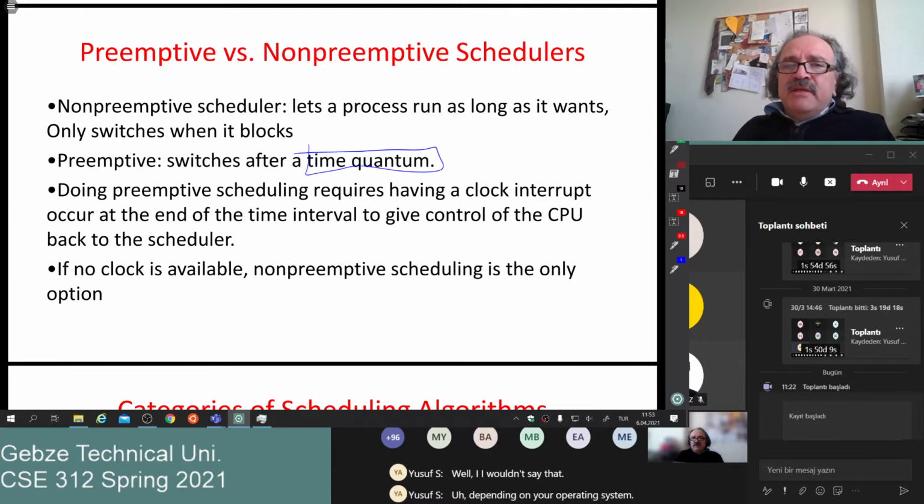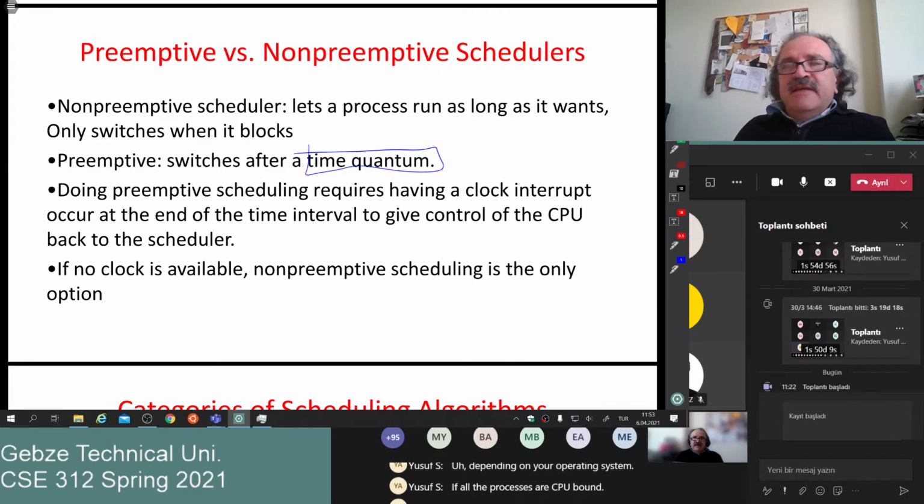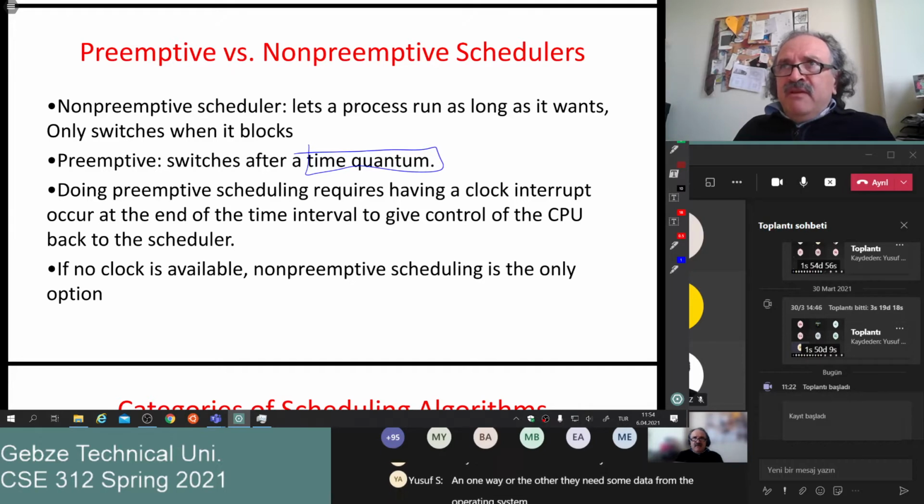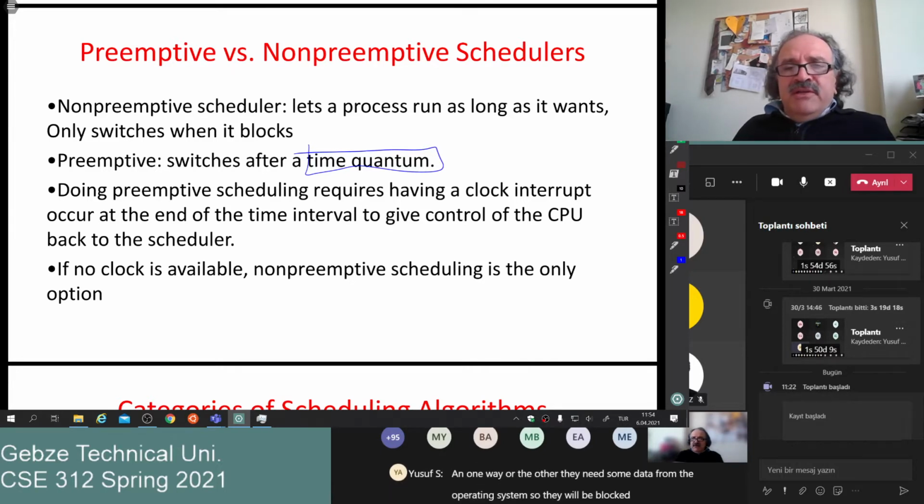If all the processes are CPU bound, when they get their CPU time, they use the CPU as much as they want, and one way or the other they need some data from the operating system, so they will be blocked, and all the others are using the CPU the same way.